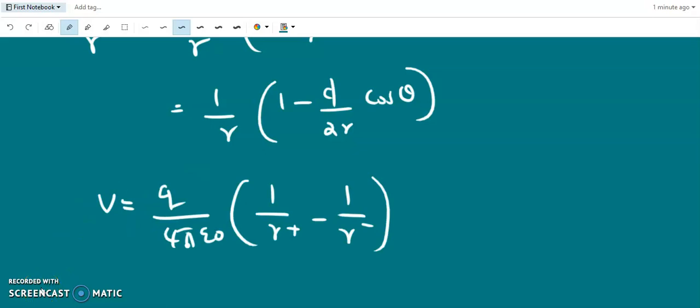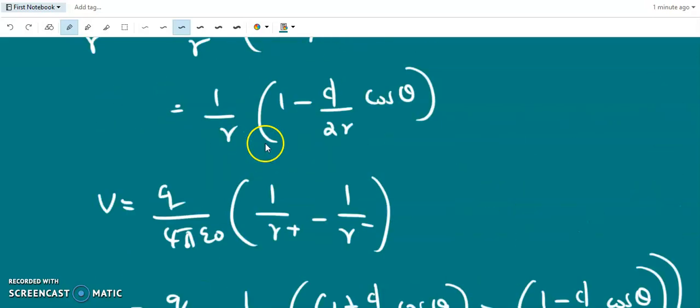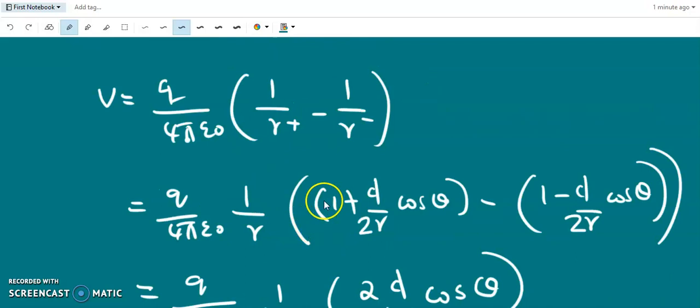Now we know that the total potential at this point P is equal to V plus plus V minus, which is in turn equal to Q by 4 pi epsilon 0 into 1 over R plus minus 1 over R minus. Substituting the values of 1 over R plus and 1 over R minus, we get Q by 4 pi epsilon 0 1 over R into 1 plus D by 2R cos theta minus 1 minus D by 2R cos theta. 1 and 1 cancel and minus here will be plus.